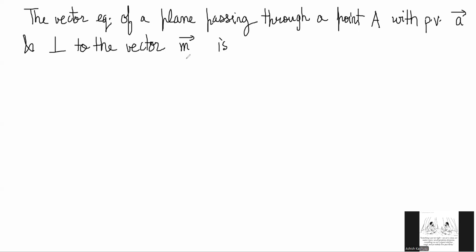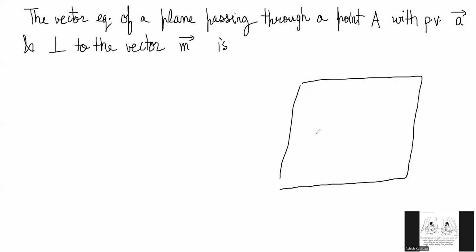So I need the vector equation of a plane through a point A. A is this, and let's say the origin is here. So this A's position vector is a cap. And this plane is perpendicular to the vector m. So the m vector is like this, right? It is always perpendicular to the plane, right?